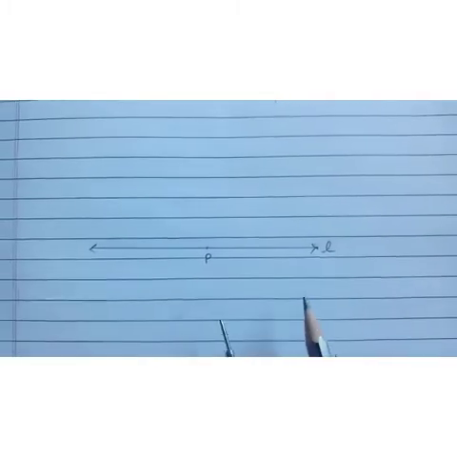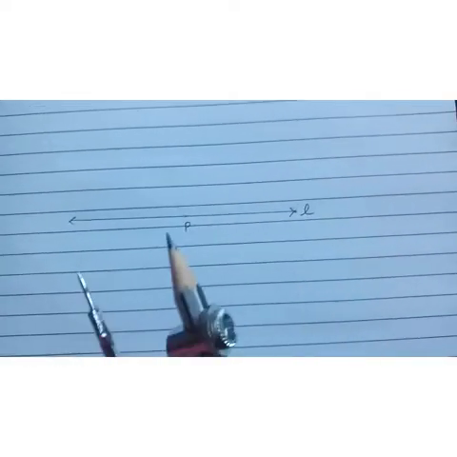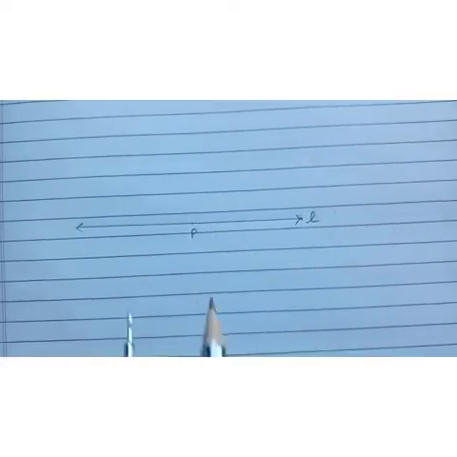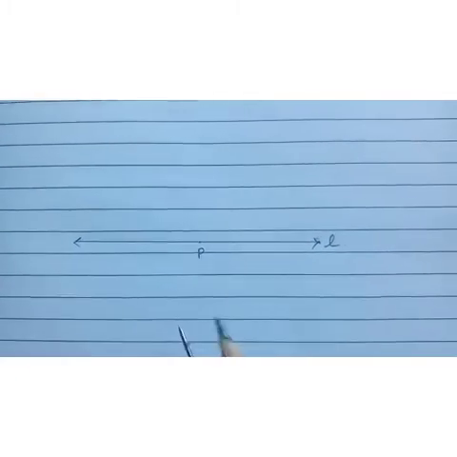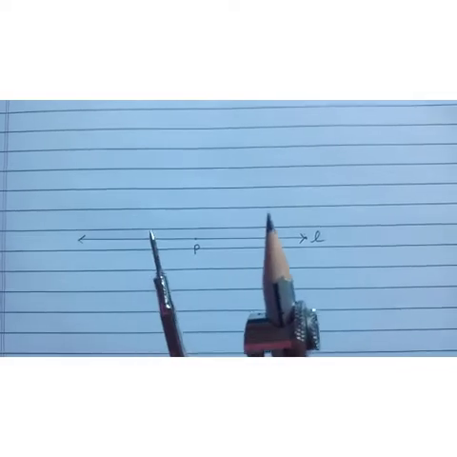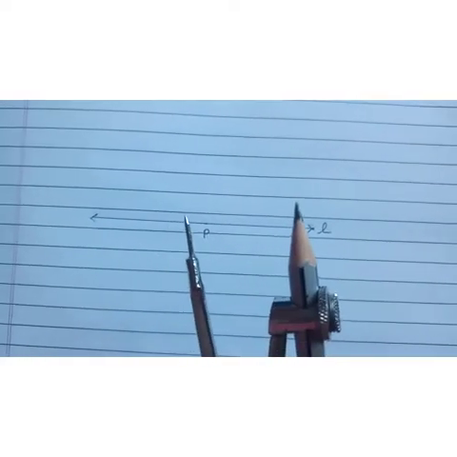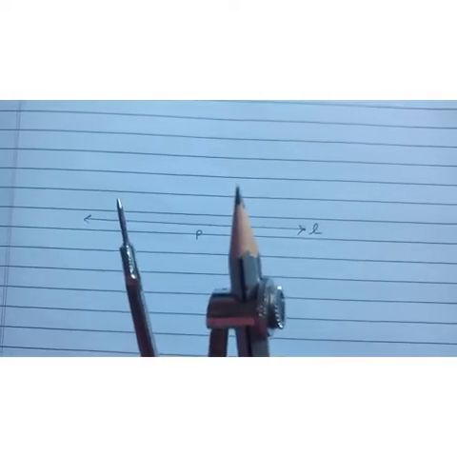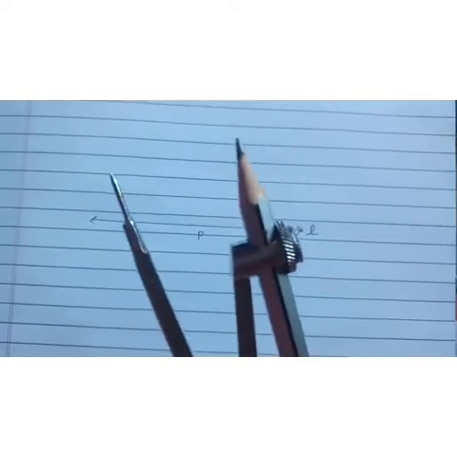Children, now let us draw a perpendicular to the given line L with the help of the compass. Now I have taken the line L and marked P as a point. Now with your compass and with P as center and convenient radius, any radius you can take. I have taken this much as the distance, so this will be my radius.